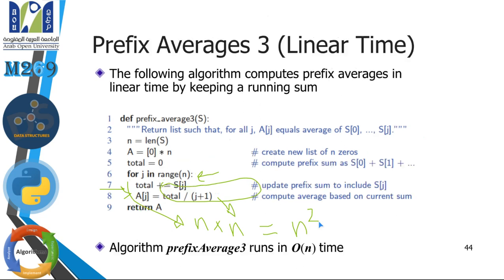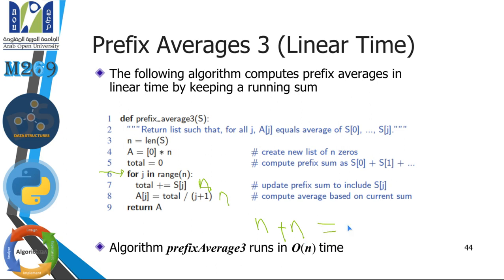Right. They work on the code again. They try to make it better. What happened here? We have only one for loop. They find total plus equal s j, and then a j equals total divided by i. So this code is going to be executed n times, and this one n times. So it is n plus n, because these are two statements within the for loop.